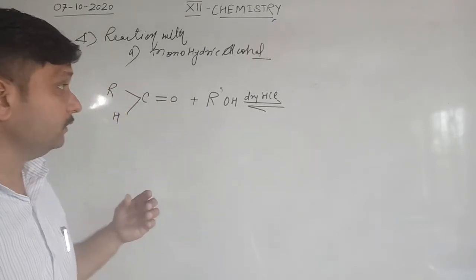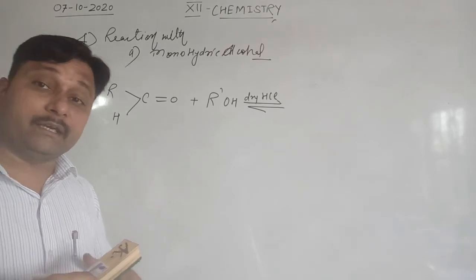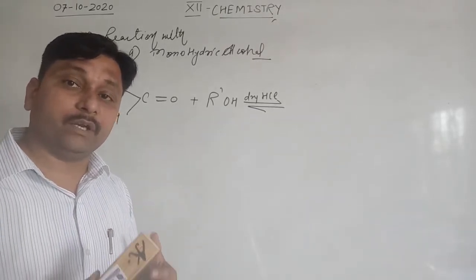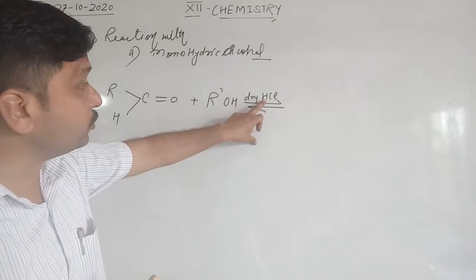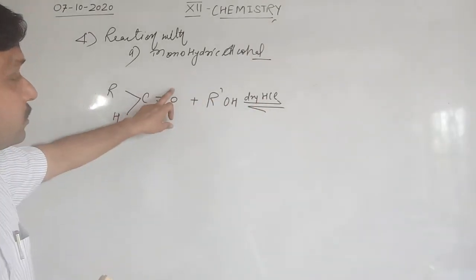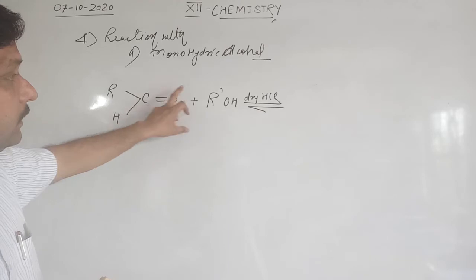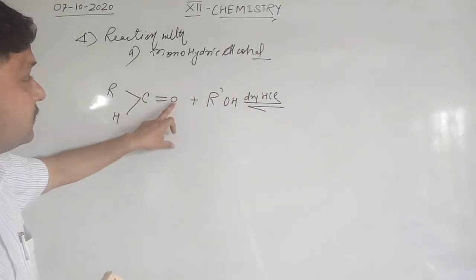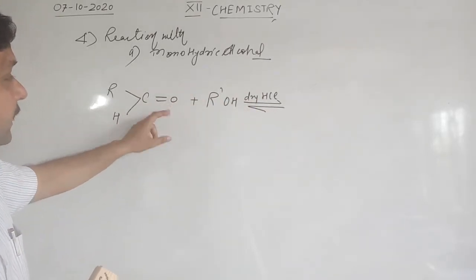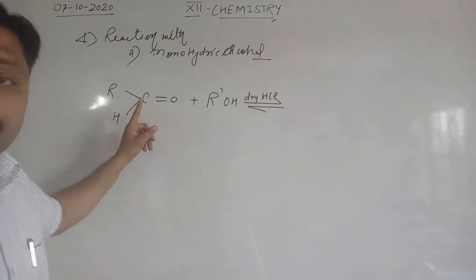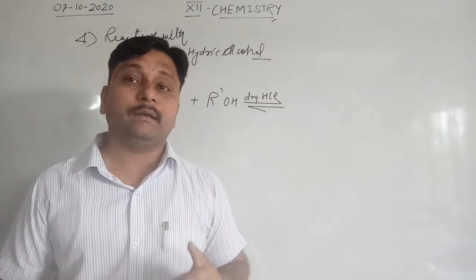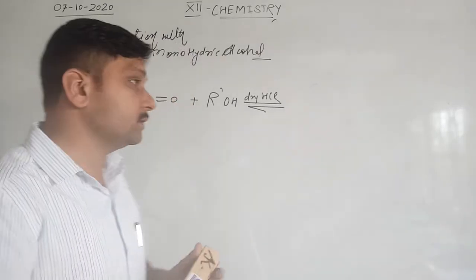So for increasing the rate, we use dry HCl. This hydrogen will attack this oxygen atom, and it will facilitate this carbon to convert into the positive part.